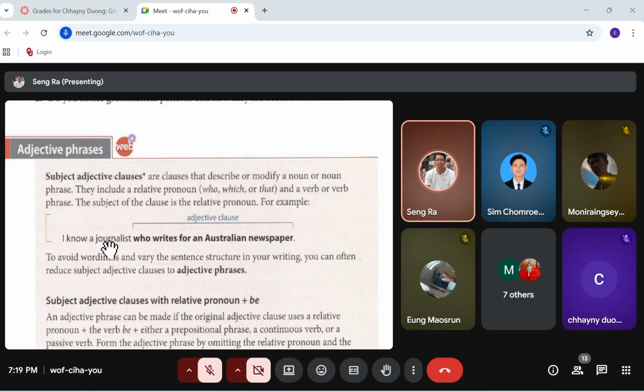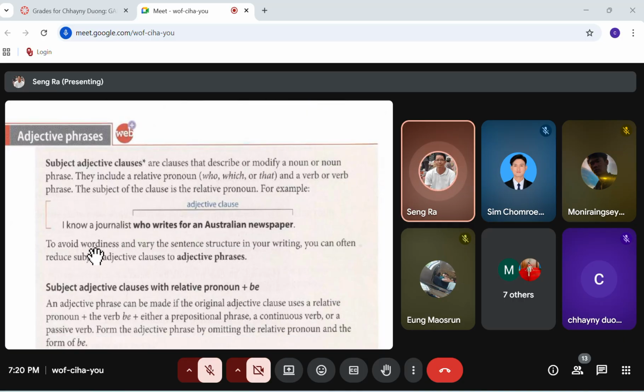That's enough, that's good. But I want to add more meaning to it. I want to tell more about the journalist. So I want to define, I want to modify a journalist. So I would say, the journalist who writes for an Australian newspaper. So we use an adjective clause to modify the noun before it. So it's a modifier.